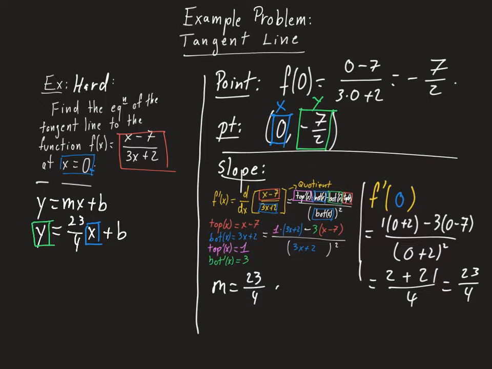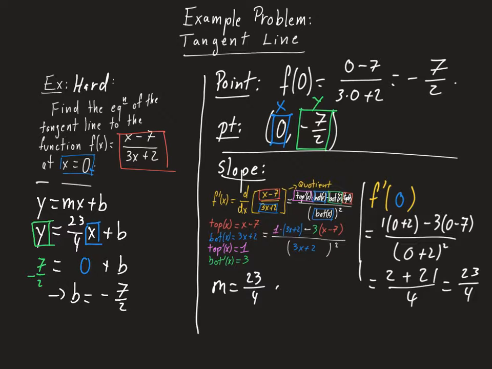And we can do that to figure out what b is. Specifically, we know that y is equal to negative 7 over 2 when x is equal to 0, plus b. And what this means is that b is equal to negative 7 over 2.